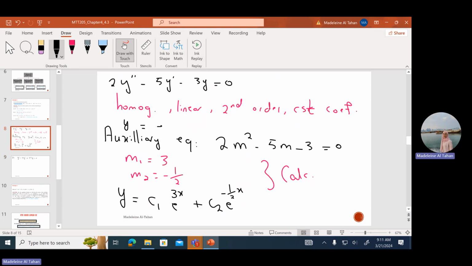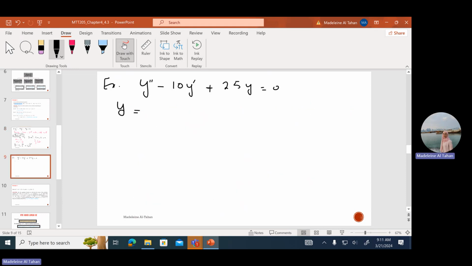We use y equals e^(mx). You will check the cases for m that we get and find the auxiliary equation. So I need each of you to write the auxiliary equation.